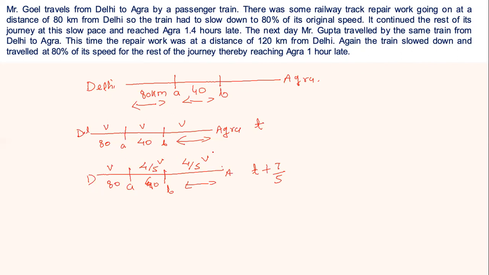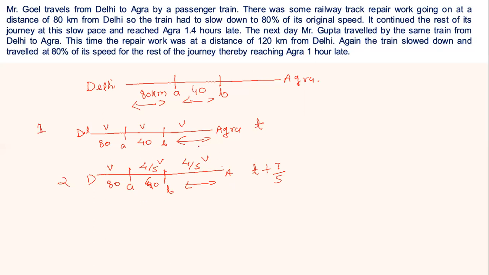Now, if you compare diagram number 1 and diagram number 2, understand why this delay is happening. This delay is happening because the train has reduced its speed from V to 4/5 V for a particular distance, from point A to Agra. Because of this, the train is getting delayed.